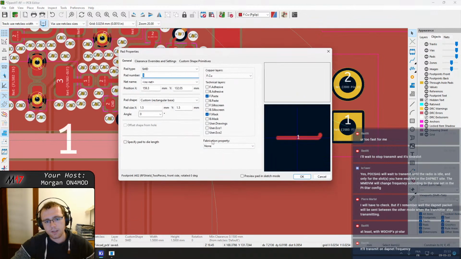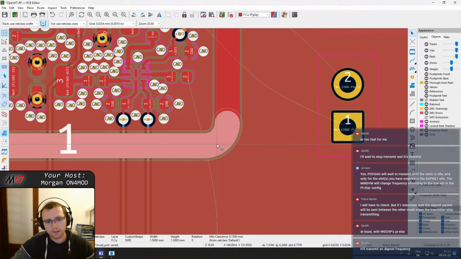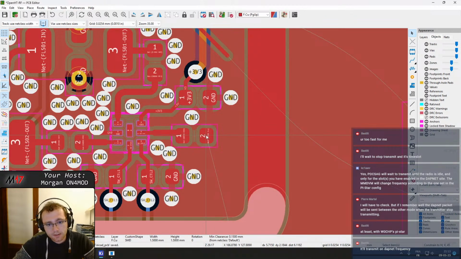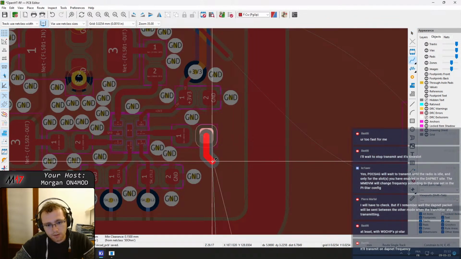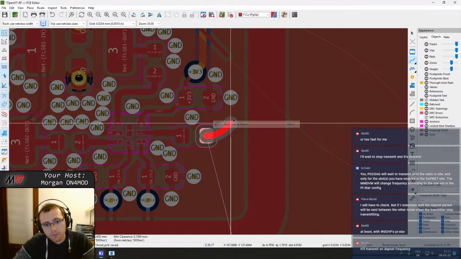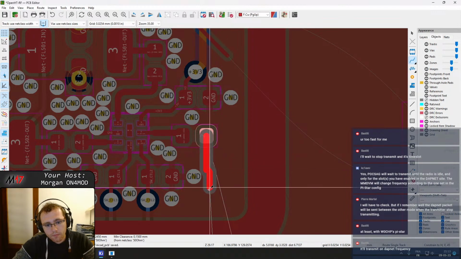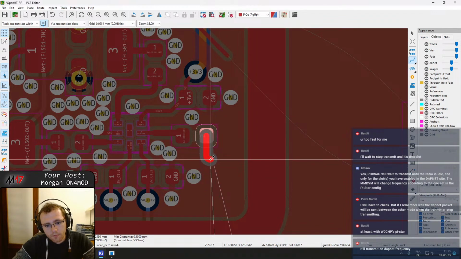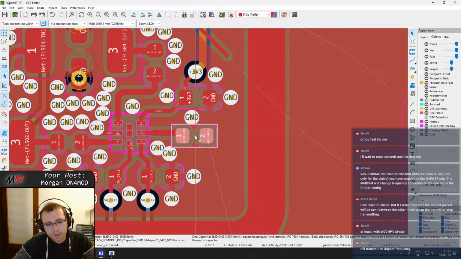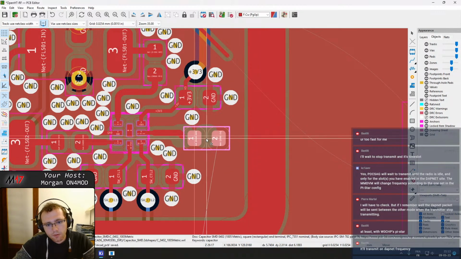Okay, what I'm interested in knowing is if we can route this signal. Yeah, maybe we can just move it this way.